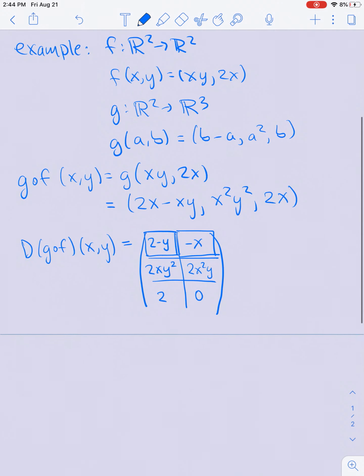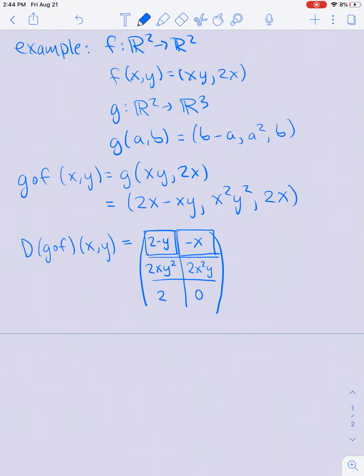Now let's take d of f and d of g and compose them. So let's do d of f at (x, y). This is going to be a square matrix, 2 by 2. And in the first box, I should have the derivative of the first function with respect to the first variable. Second box, first function derivative with respect to the second variable.